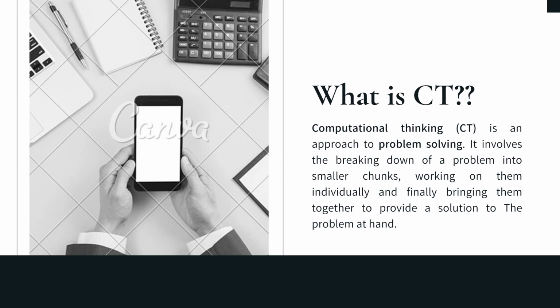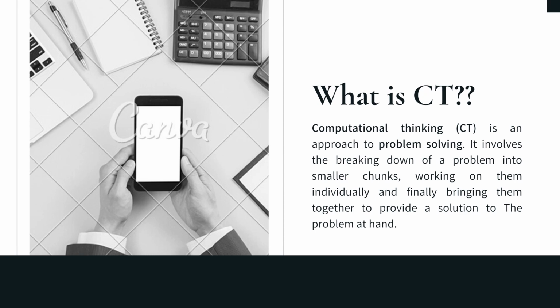So what do we actually understand when we hear the term computational thinking, CT? We can simply define it as an approach to problem solving. How? Actually, CT depends on breaking the main problem into smaller problems or smaller chunks, and then solving each of these problems aside.